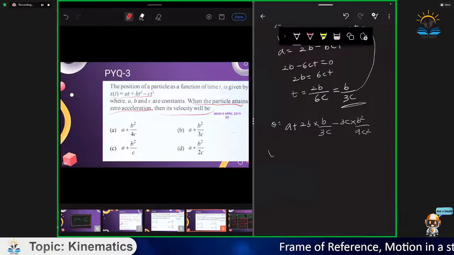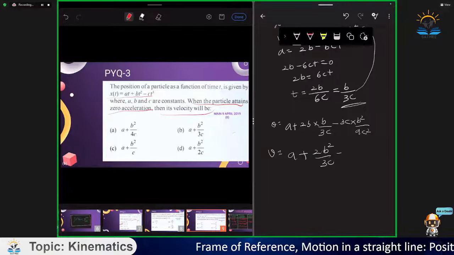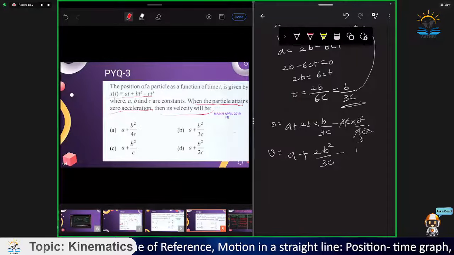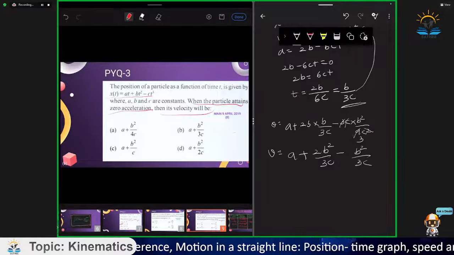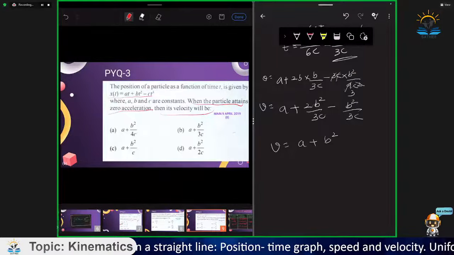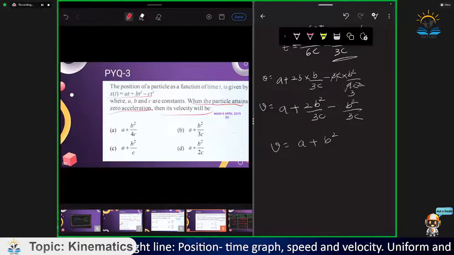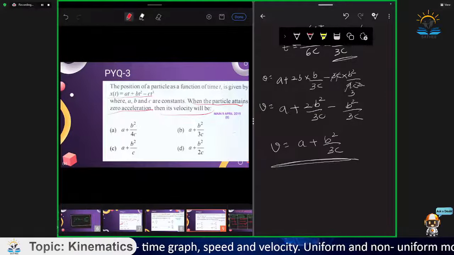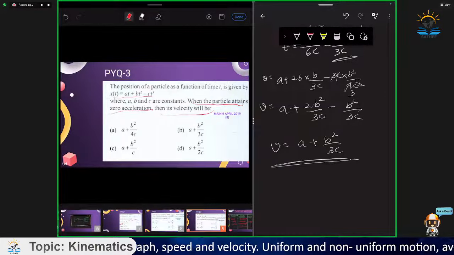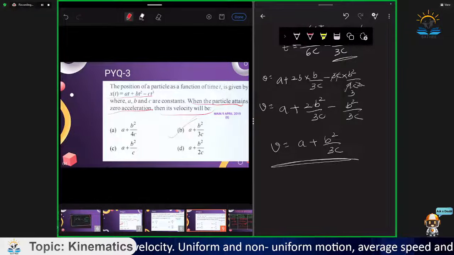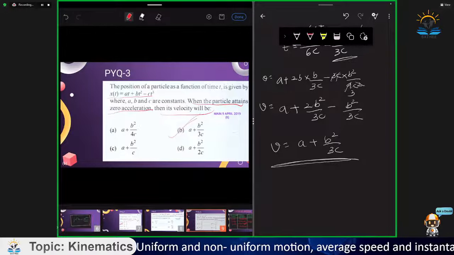So velocity is a plus 2b square by 3c minus b square by 3c, where one c we can cut. So v equals a plus 2b square by 3c minus b square by 3c, which is b square by 3c. So velocity is a plus b square by 3c. Yes, this is the correct option.